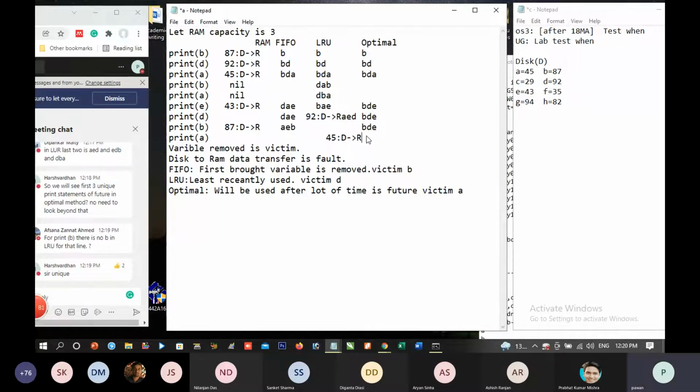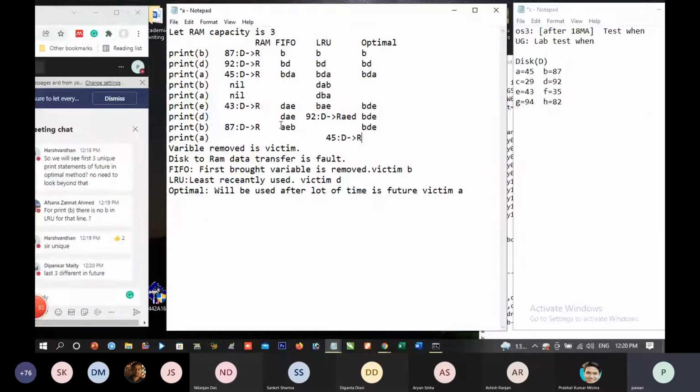What is your doubt? You see, we are doing print B. What is the problem in print B? That is why in LRU, when we did print D, there was no D in LRU. So a fault has taken place in LRU and D was brought in by removal of B. I am talking about the second print B only.